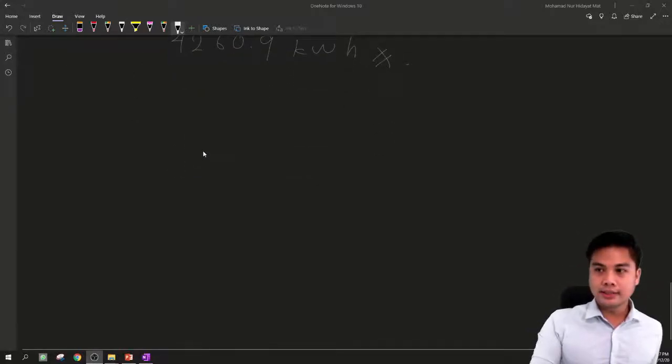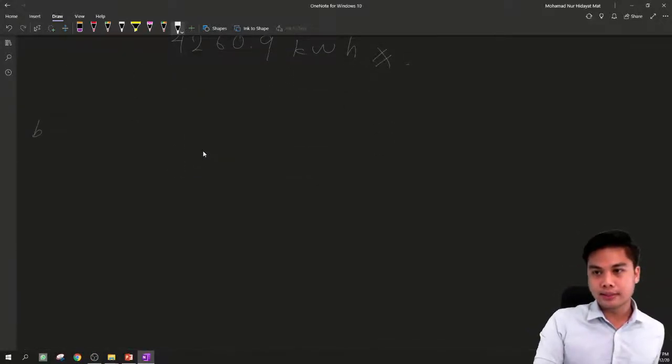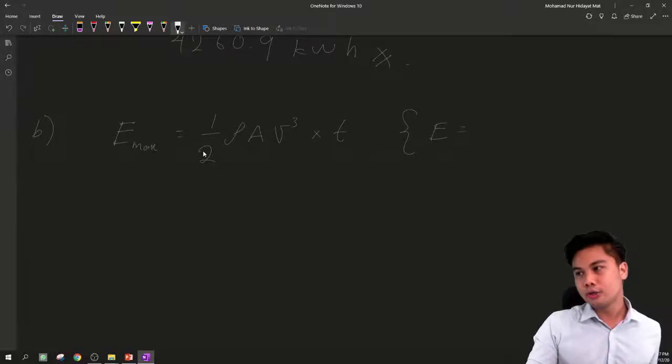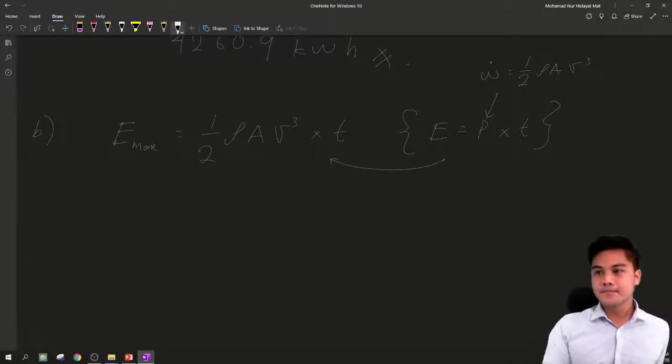Okay, so this is question B. By using the formula E max equal to, remember we have 1 over 2 rho A V cube multiply with time, because previously we know that E equal to P times T. Power is equal to work rate, which we discovered previously 1 over 2 rho A V cubic. You try to substitute here, finally you will come to this part.